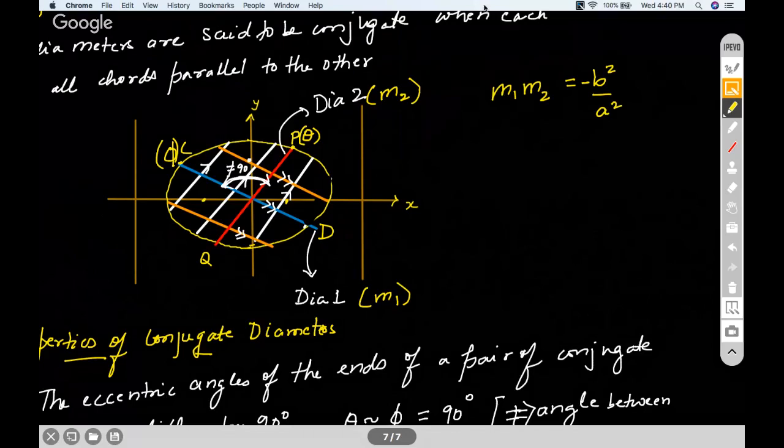Okay, so it's very simple, guys. How do we prove this? Let's say the blue diameter is bisecting the chords whose slope is m2. So I can write the equation of diameter 1 as y is equal to minus b square x by a square m2. Right? Because it is bisecting those chords which are having a slope of m2.